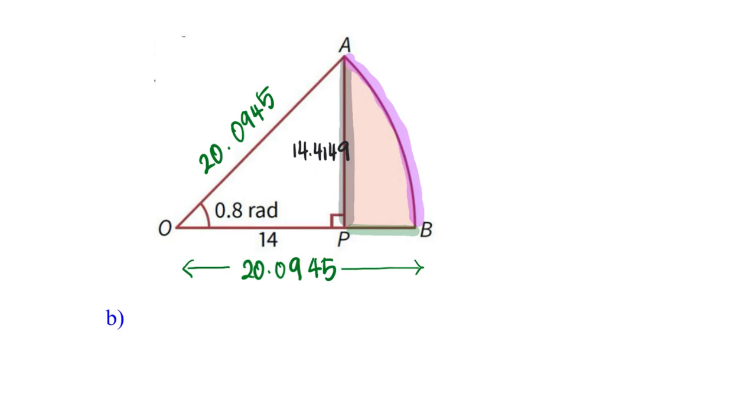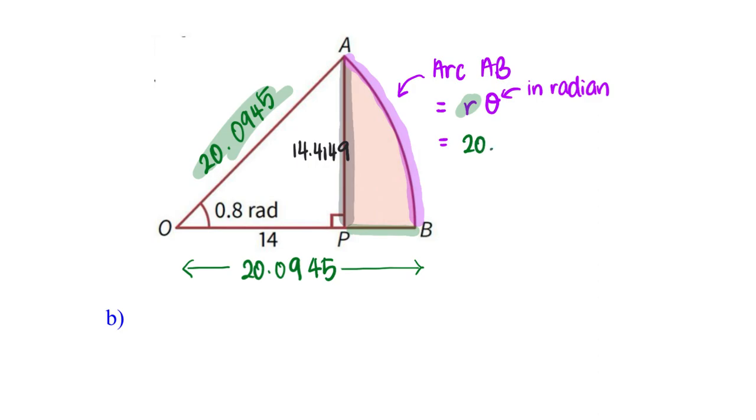And since they give me the angle in radian mode, this arc AB is therefore equal to r times the angle, if the angle is in radian. Radius we know already because we found it. So you will see Mr. Tan doing this. I just need this radius multiplied by 0.8. And I just add everything up.